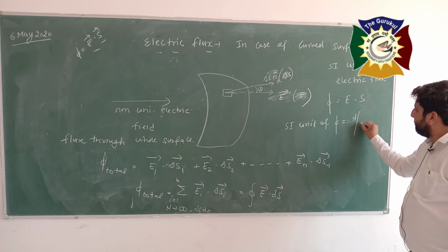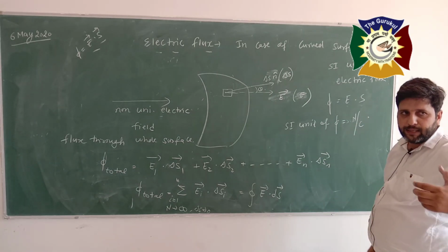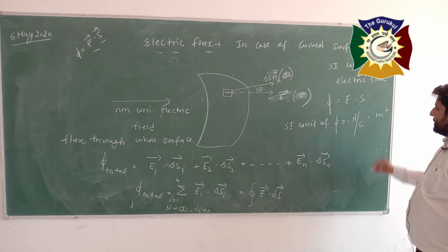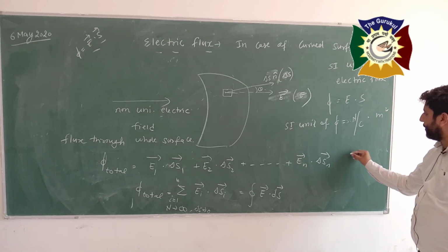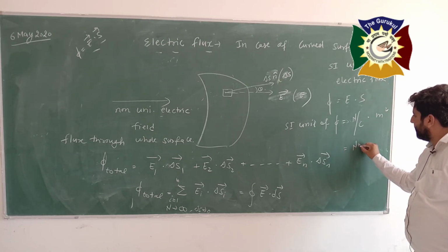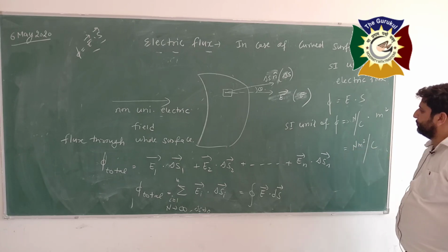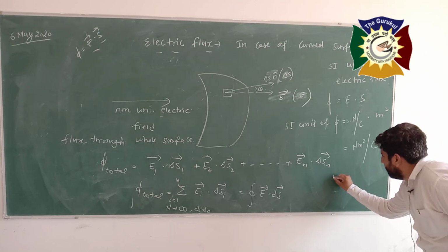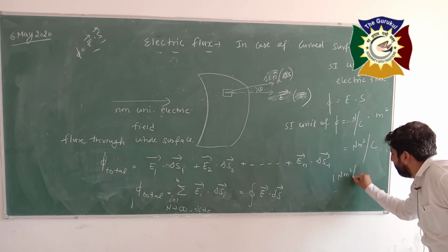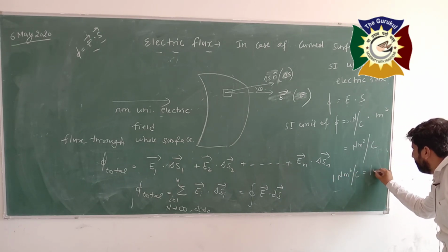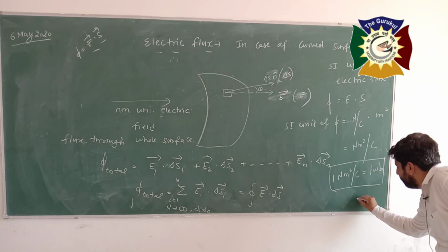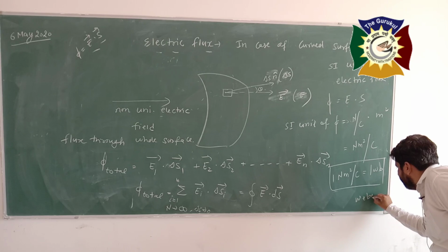Newton per coulomb. We have studied it in the last chapter. And what is the unit of S? Area, meter square. Then the SI unit of phi will be Newton meter square per coulomb. Okay, it is the SI unit of the electric flux, and 1 Newton meter square per coulomb can be written as 1 Weber, WB, and the spelling of Weber is W-E-B-E-R.